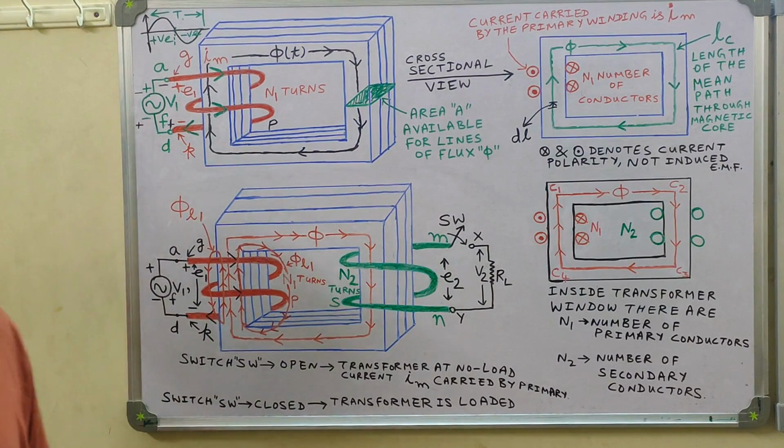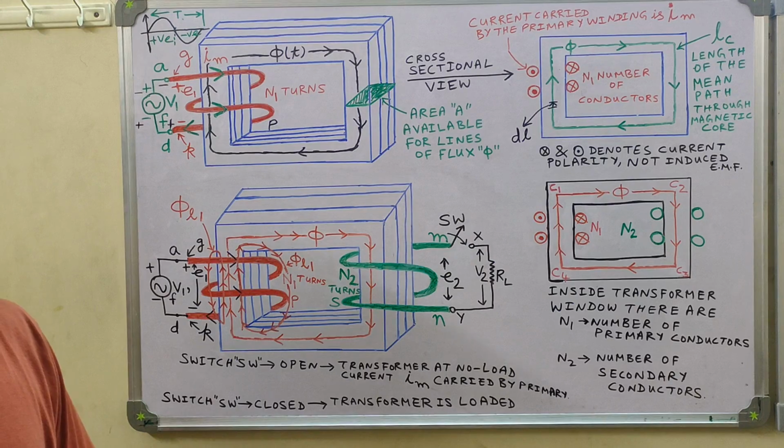So how do we define these two windings of the transformer which are placed on the magnetic core? These two windings we are calling primary winding and secondary winding.